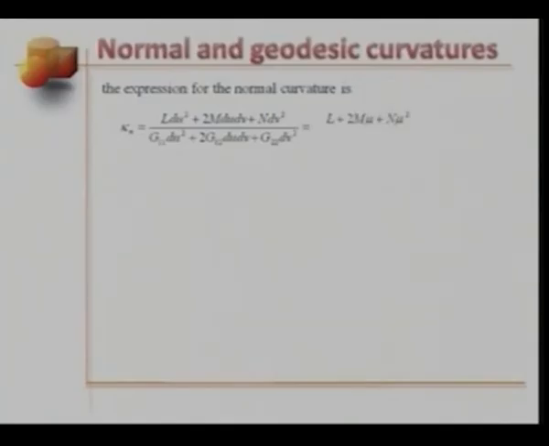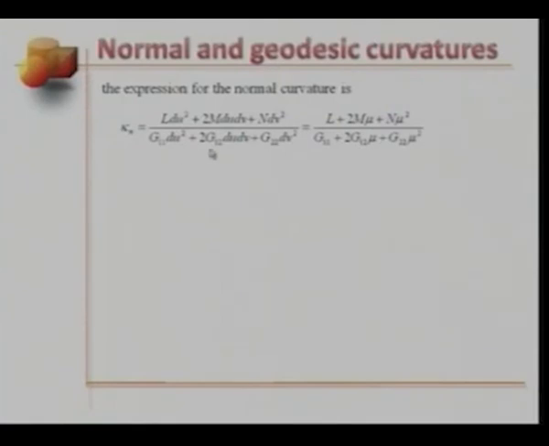This is equal to L plus 2m times mu plus n times mu squared over g11 plus 2g12 mu plus g22 mu squared.